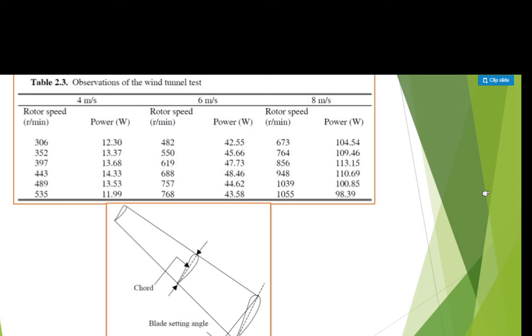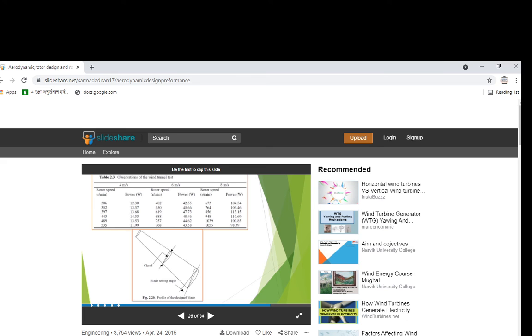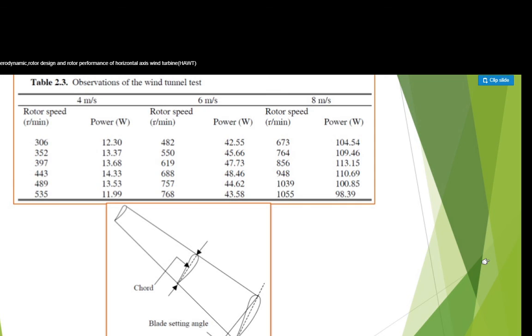When the wind velocity is 8 meter per second, the rotor speed is 673 and power will be 100.4. Similarly, for increasing rotor speeds 306, 352, 397, 443, 489, 535, we calculate the rotor speed and power.